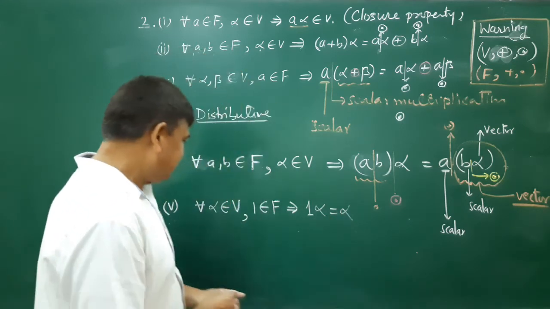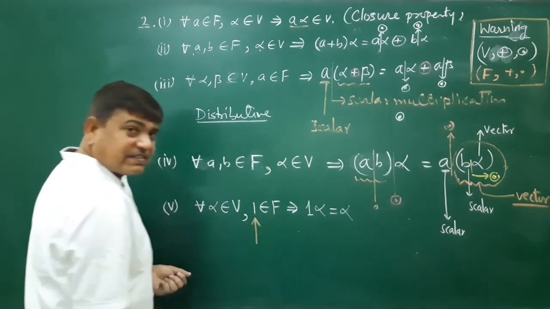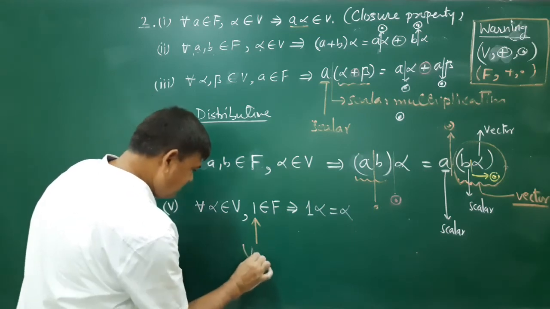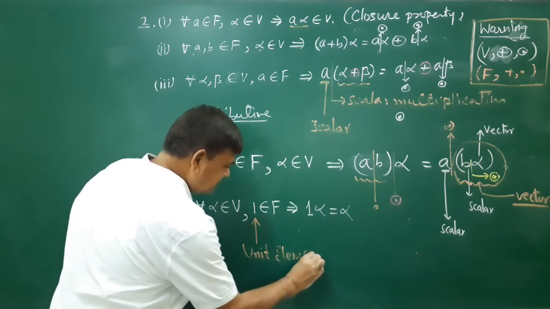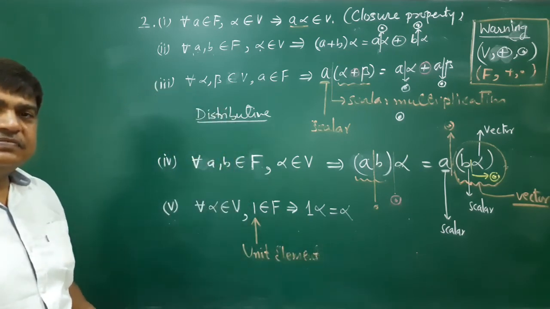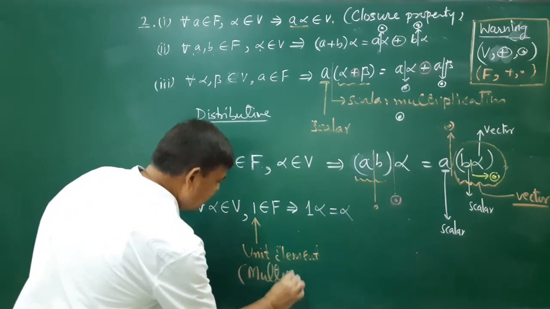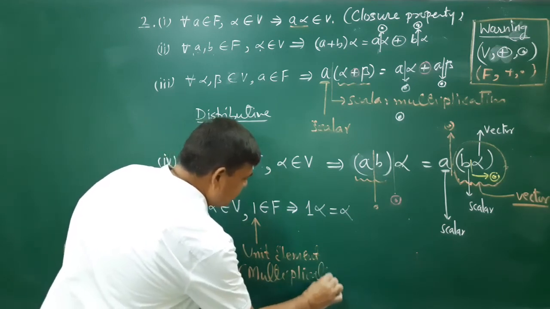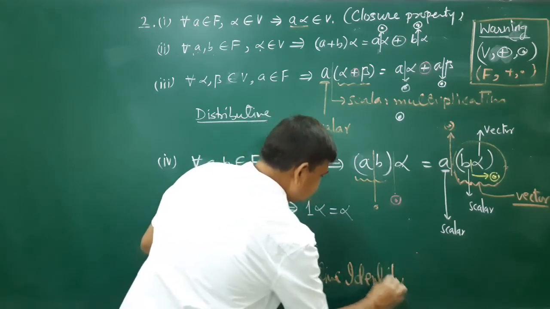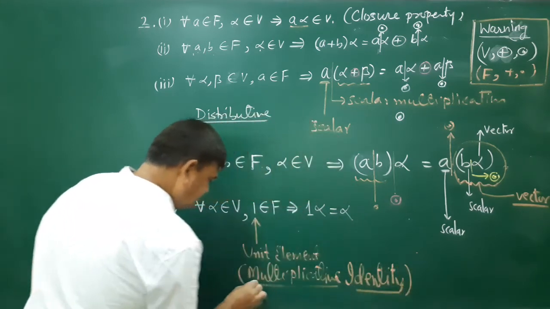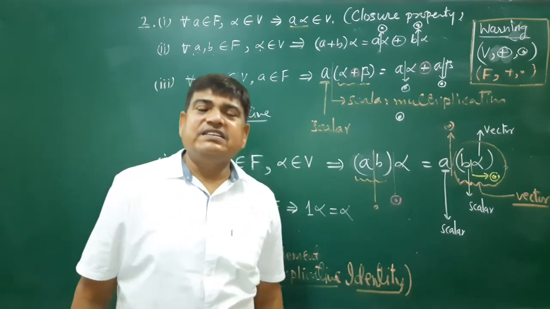But remember, 1 belongs to F. Here this 1 is the unit element, which means the multiplicative identity. Multiplicative identity.